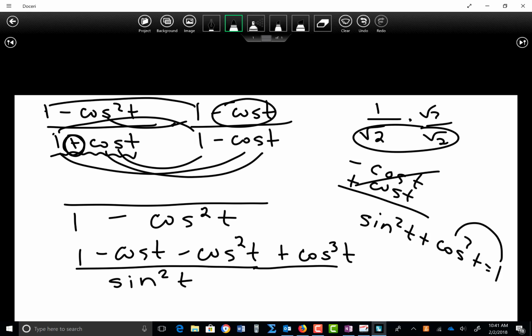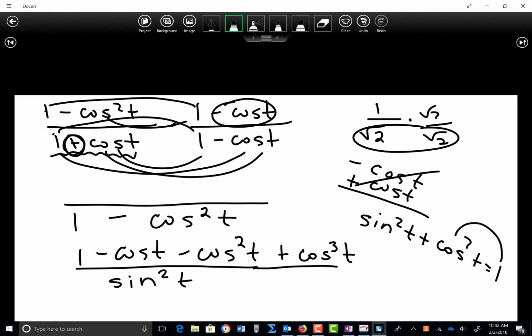Now, a lot of times when we do this on the top, you'll be able to combine like terms. But notice we have a cosine to the first power, a cosine to the second power, and a cosine to the third power. You can't combine those as like terms because they're raised to different powers. So what we would need to do is try to factor that by grouping. And if you'll pay attention to the previous video, you can see the factoring by grouping.